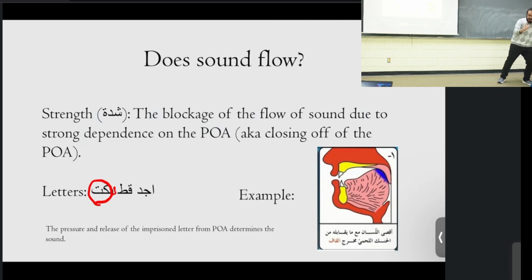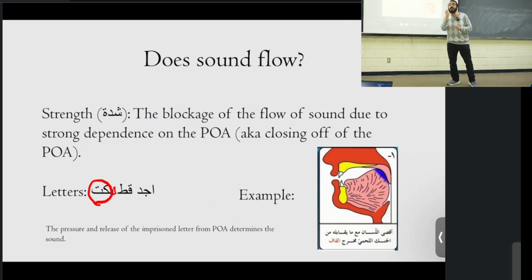So let's think about it. Air does not flow, a sound does not flow, the makhraj is completely closed. But when I do it, I say k, air flows. So what actually happens is that I close the makhraj first, then I let the air come out.